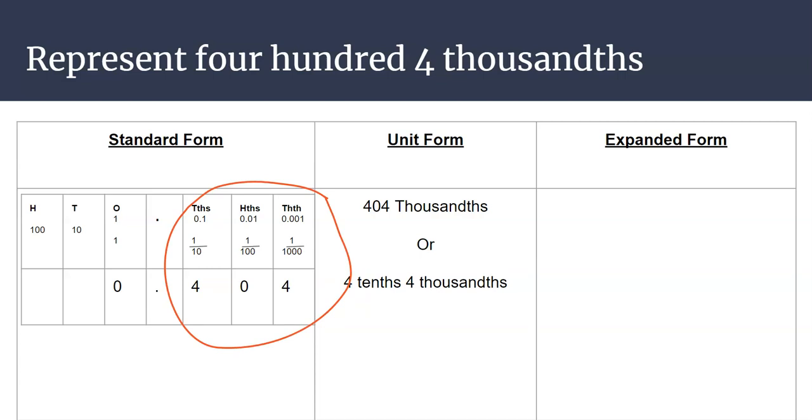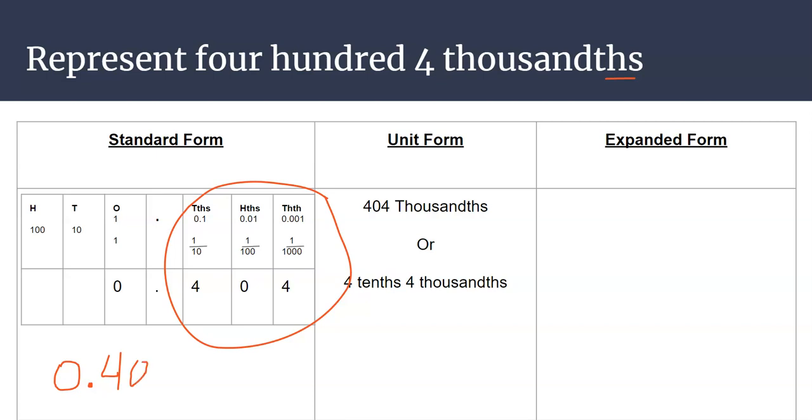There's no and. It's telling us we only have thousandths. We're in this family. So I have 400 4 thousandths, which written out is going to be 4 tenths, 0 hundredths, and 4 thousandths. So in standard form, I write this as 0 because I don't have any whole numbers.